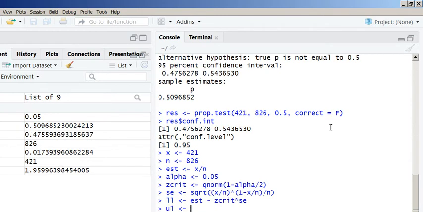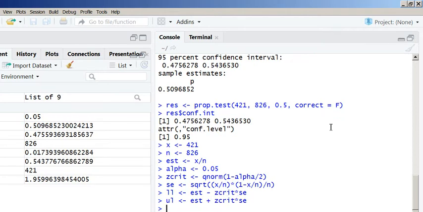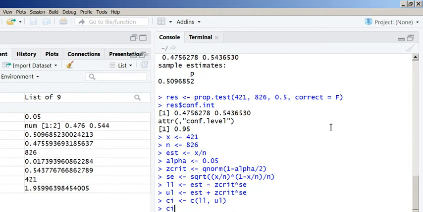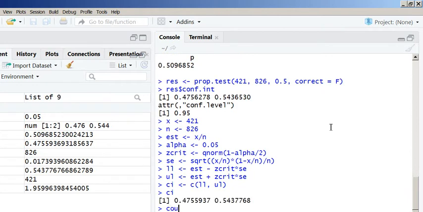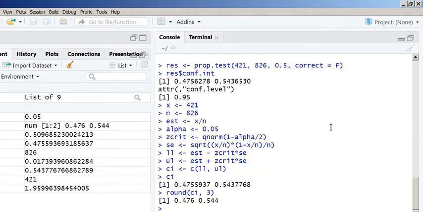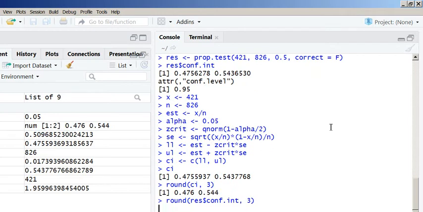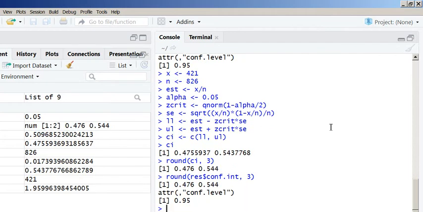The upper limit is computed as the estimate plus the z critical times the standard error, and a confidence interval then is putting together the lower limit and the upper limit. And if we look at our CI, this is what we have. If we just go ahead with rounding our CI to 3 decimal places, and if we also round the result of prop.test confidence interval to 3 decimal places, notice we get the exact same result in this case after rounding.